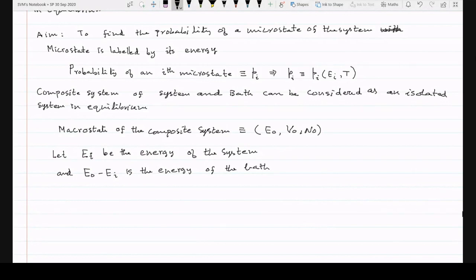Now, once you fix this, in equilibrium, there are some Omega_0 of E0 and N0, the number of microstates of the composite system.